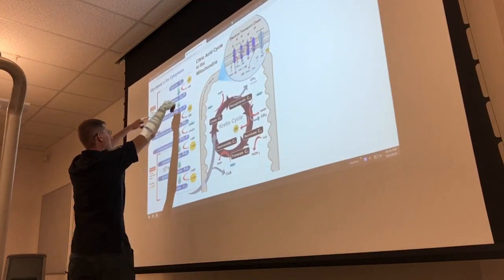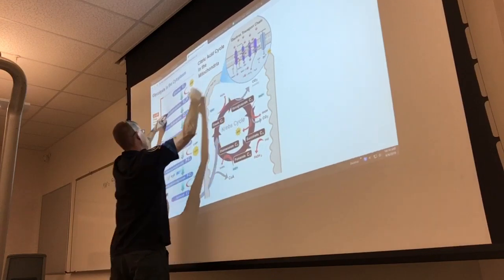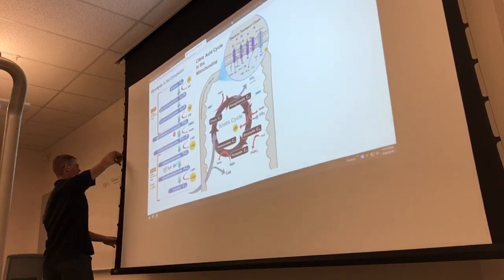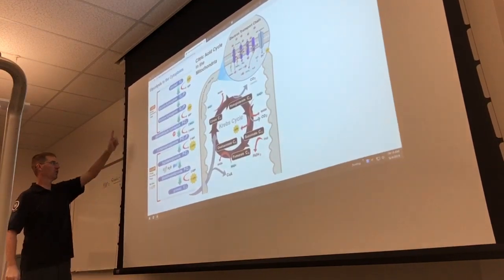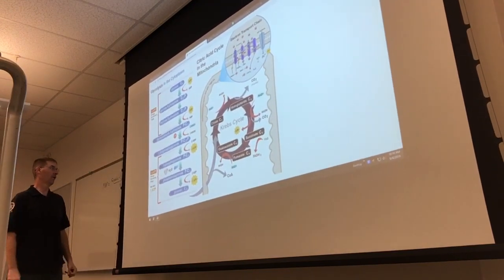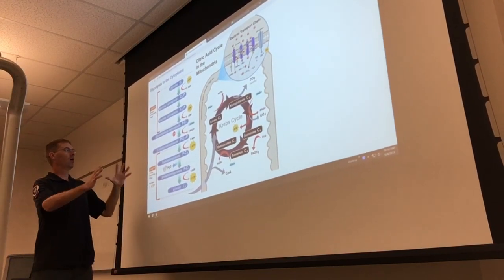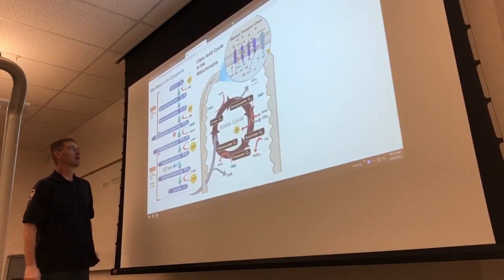So glycolysis not only feeds into the Krebs cycle and the electron transport, but also into the pentose phosphate pathway. You can see that these are all highly interconnected.